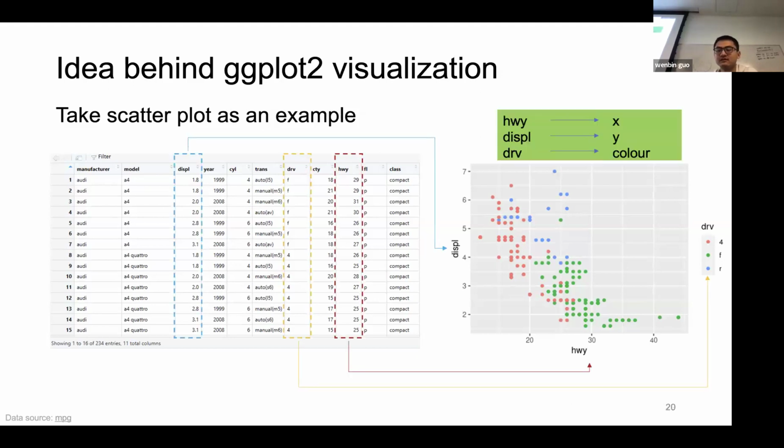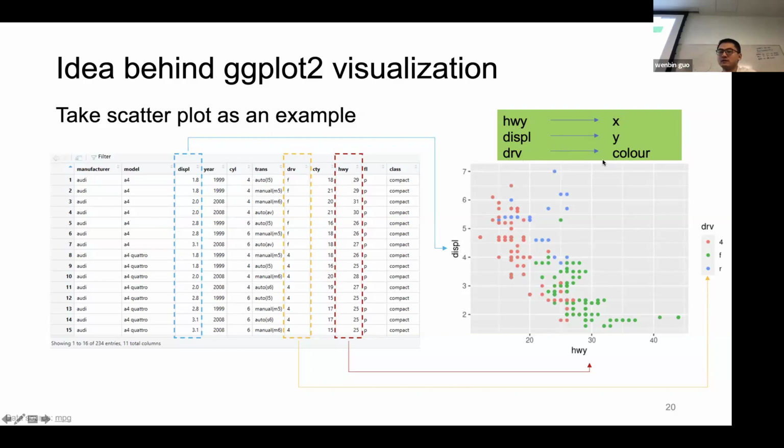Taking a scatter plot as an example, we define what the x-axis is, what the y-axis is, and then for the aesthetic attributes, for example the color, or even the geometry, we define how we want to represent it. Here we are mapping hwy, the highway mileage, to the x-axis, displacement to the y-axis, and the drive type to the color.